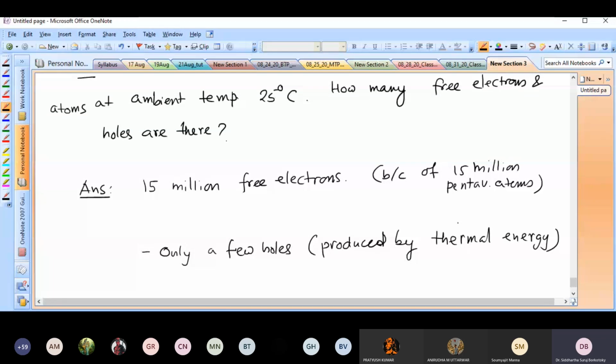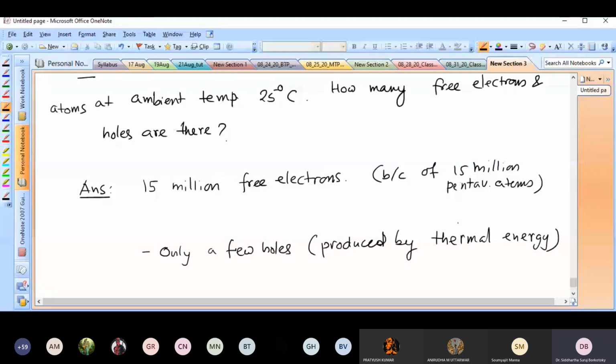But that heat energy is not sufficient to create a lot of holes. So in comparison with the 15 million free electrons, there are hardly any holes. And whatever few holes are there, 100, 200, 1000, those will always be accompanied by a free electron. So when we say 15 million free electrons, actually it is 15 million free electrons plus some very small amount of free electrons created by thermal energy.